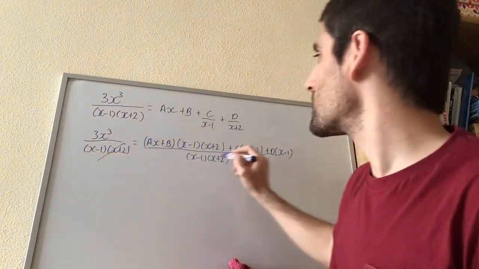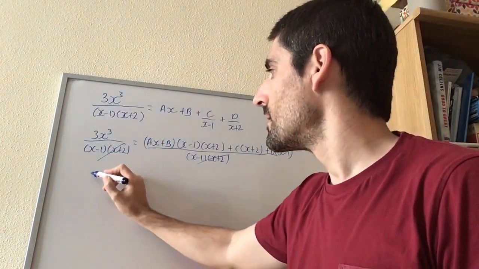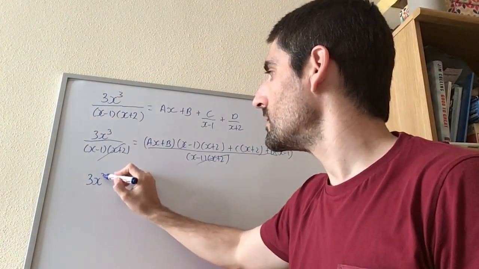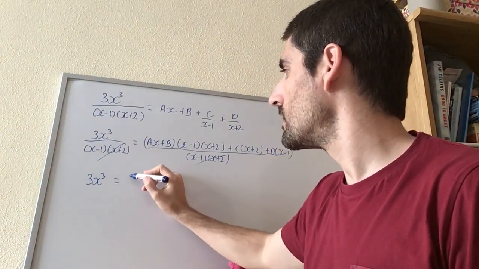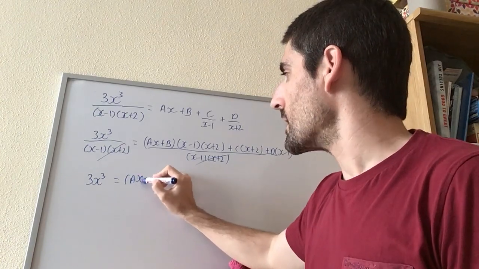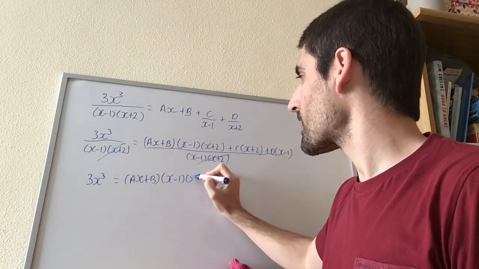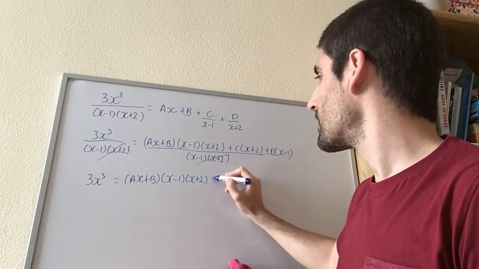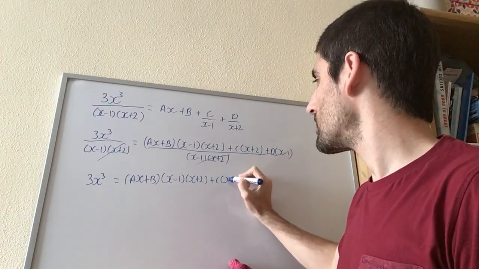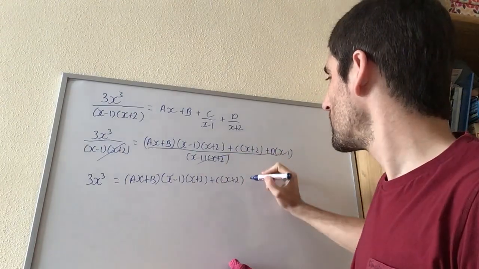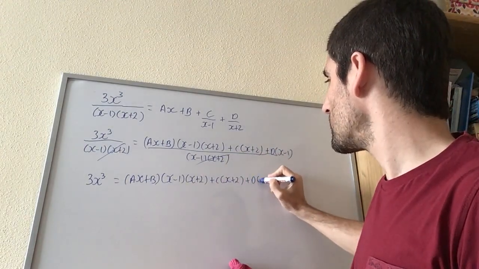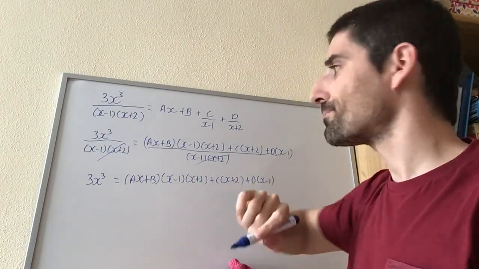Common denominators cancel out, so 3x cubed is going to equal (ax plus b)(x minus 1)(x plus 2) plus c(x plus 2) plus d(x minus 1).